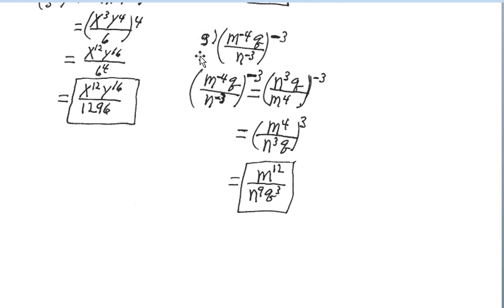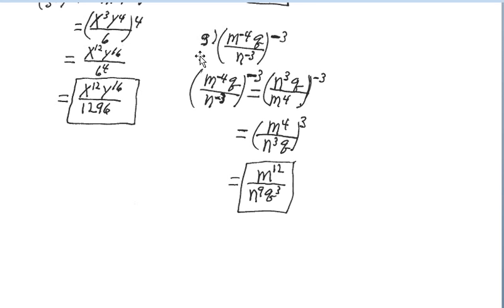That means we can take this m to the minus 4 power, which is in the numerator, to the denominator, and it becomes m to the positive 4 power. The n to the minus 3 power in the denominator can be taken to the numerator position, and then the exponent changed to positive 3 power.